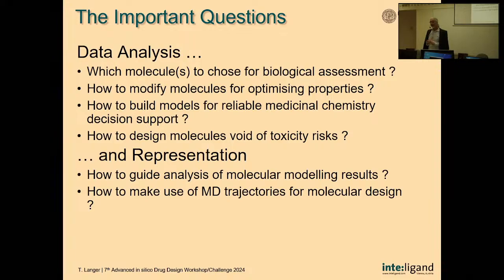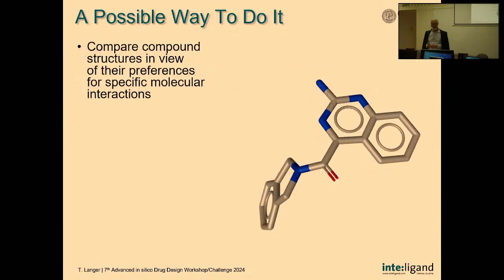We see more and more MD done, and Pavel also showed very nicely how it started with metadynamics. So it's a huge new way of analyzing proteins, but how can you take information out of this for your design? And I will try to show you our ideas.